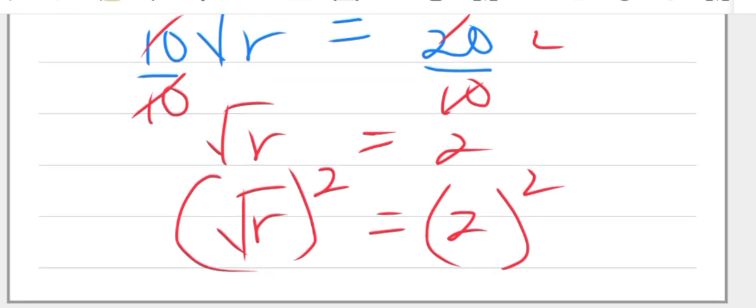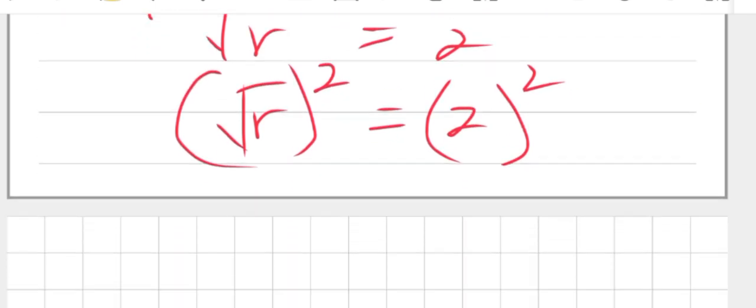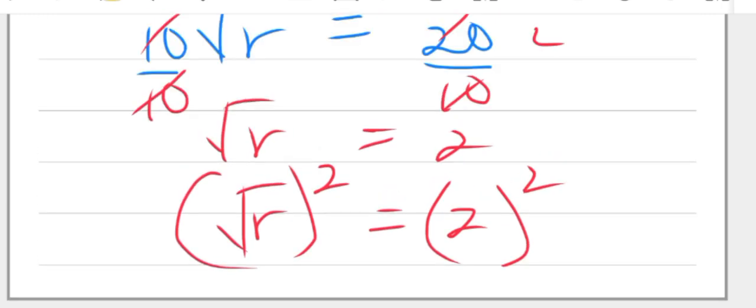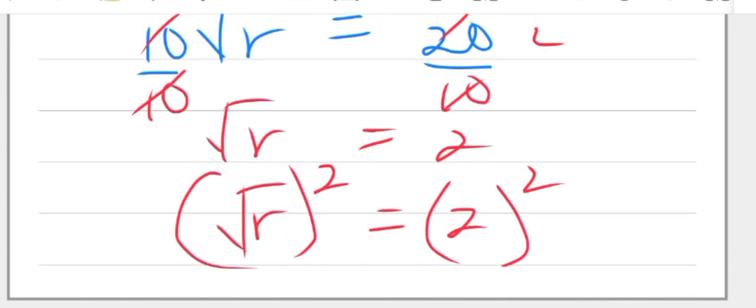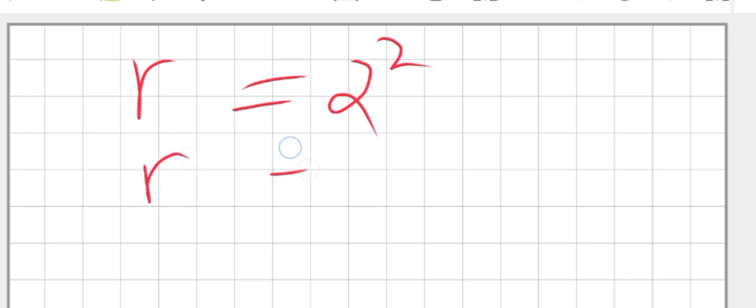Root r squared and 2 squared: the square cancels the root, so we have r left, and r equals 2 to the power 2. So r should be equal to 4.